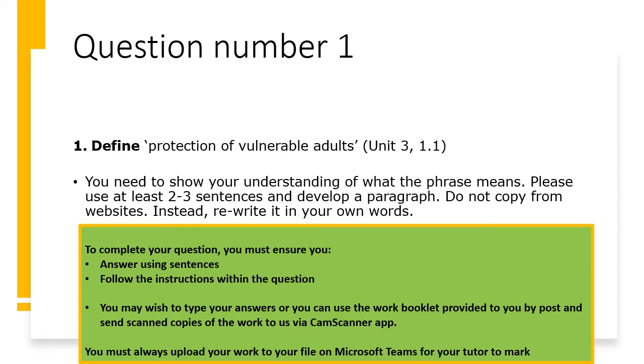Instead, put it into your own words. You can use the information from the slides as well, but always put it into your own words. So what I suggest you do now is pause the video and go to your workbook and answer question number 1, and then once you've done that you can move on to the next question.